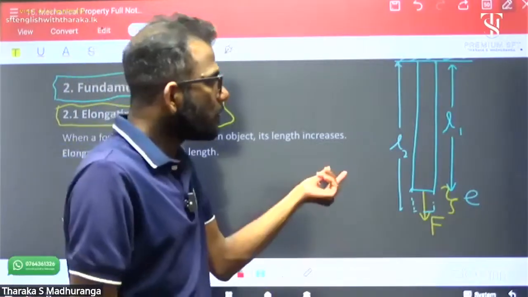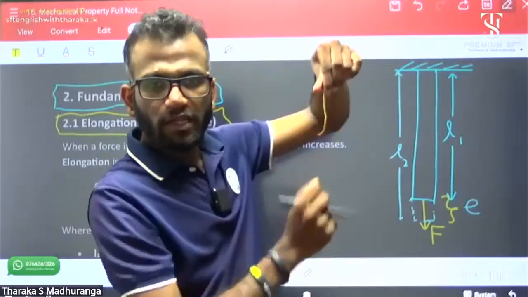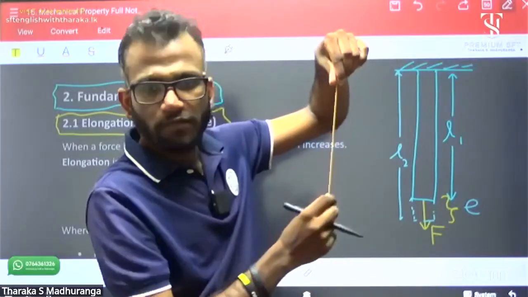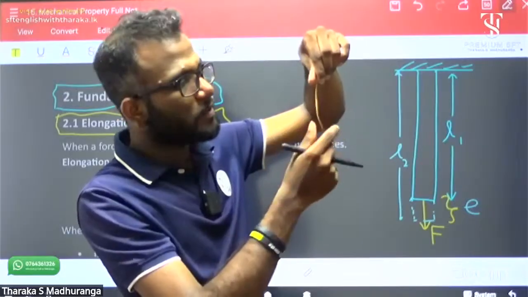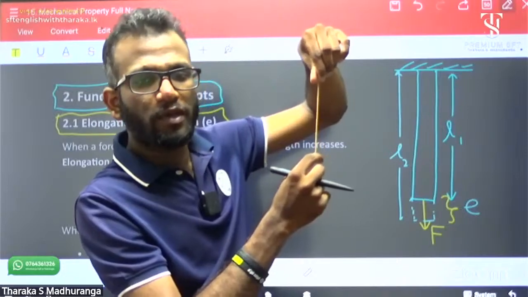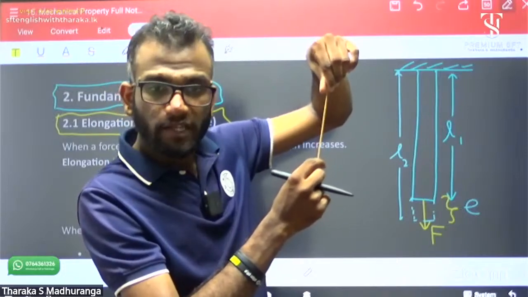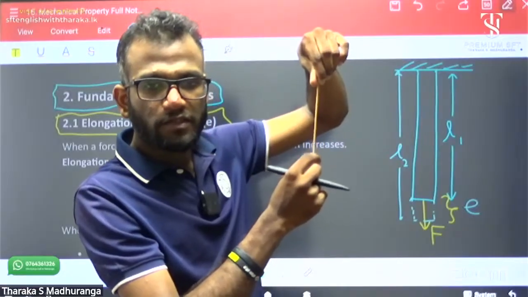As an example, this is the initial length. Think initially it is 5 centimeters. I'm going to apply an external force, and finally it comes to 8 centimeters. Now, what is the extension on this string?